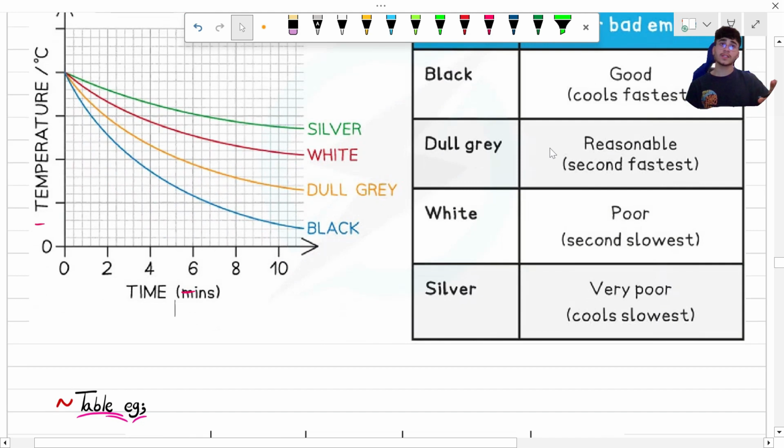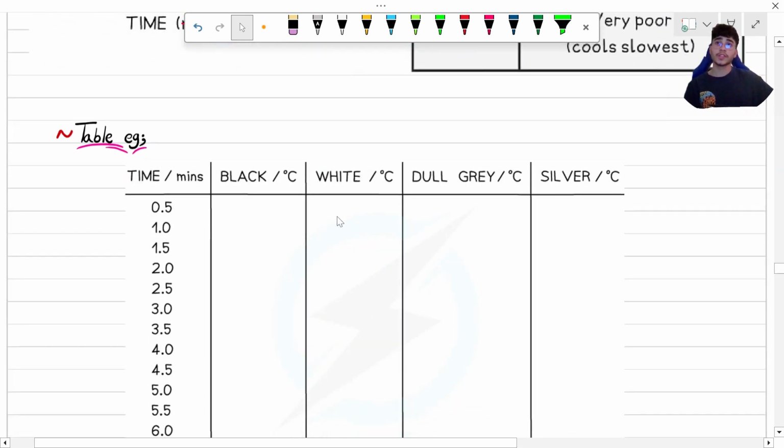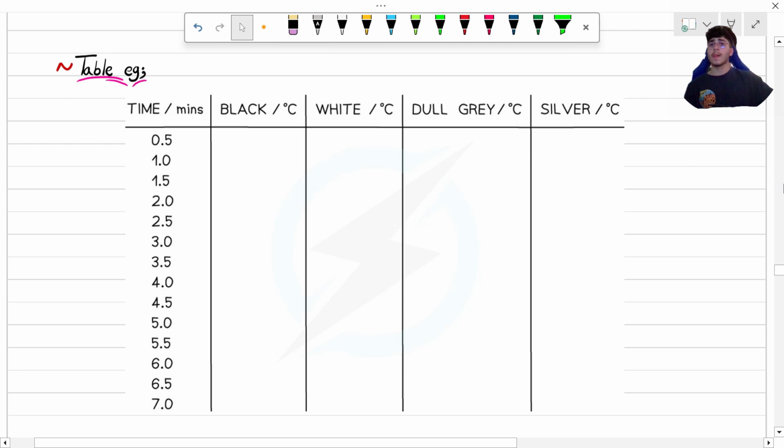Black cooled the fastest, dull was second fastest, white was second slowest, and silver was the slowest. You can even plot a table like this. Usually in the exam, plotting a table is optional, but it will help you to make a good analysis for your graph.